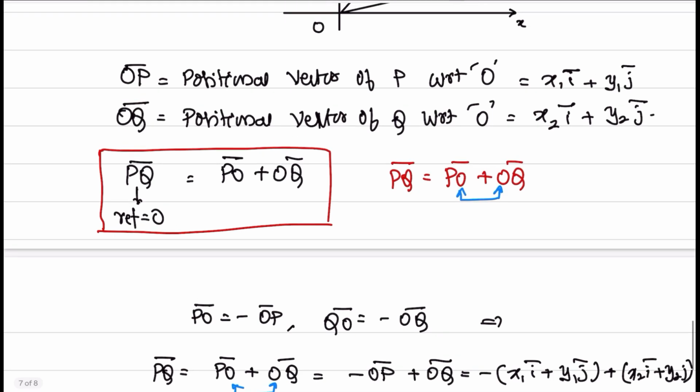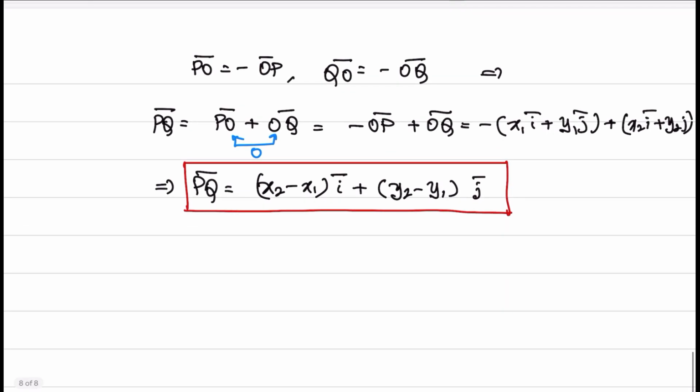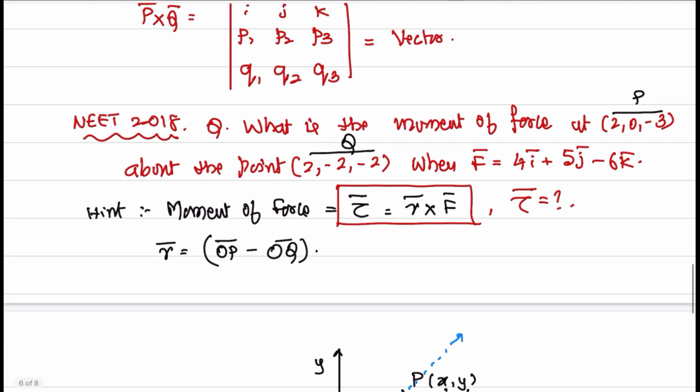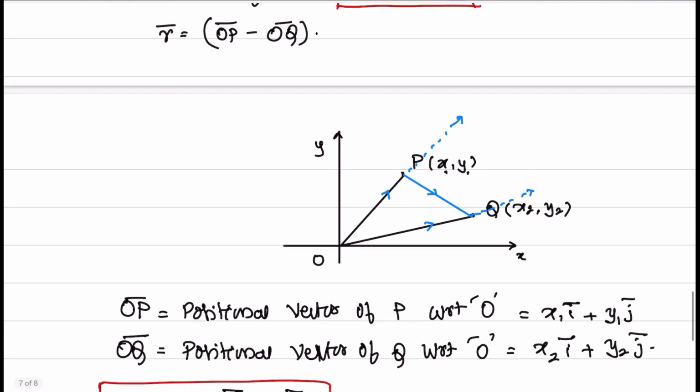Now here, how much is OP given? In the problem, the point is 2, 0, minus 3.